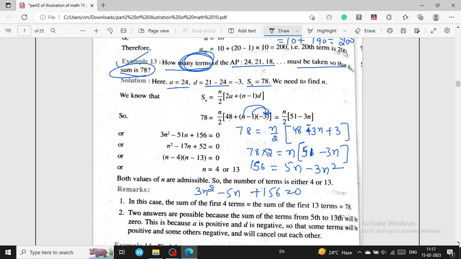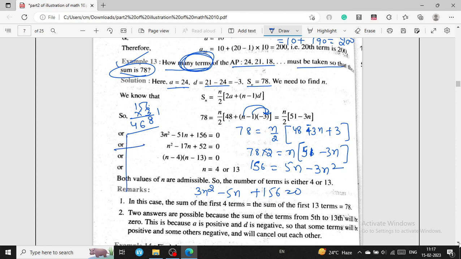And now make the factors. First of all, 3 multiplied by 156 is 468.